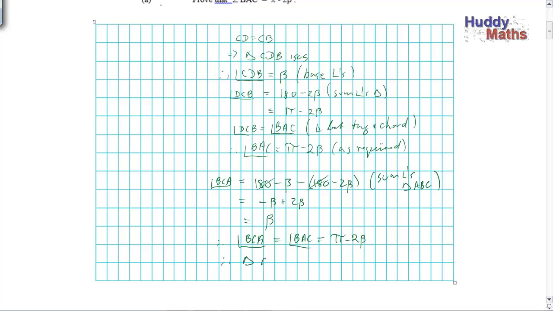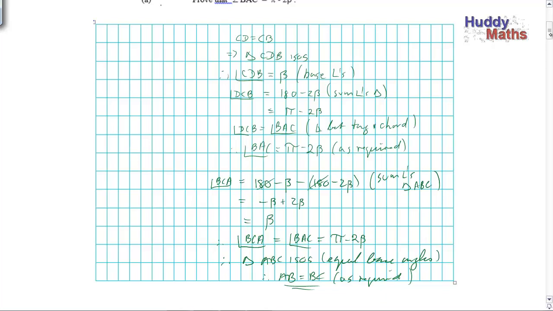Therefore triangle ABC is isosceles, with equal base angles, and therefore AB equals BC, as required. Okay, now let's go back and mark all of this.